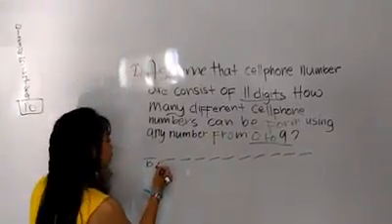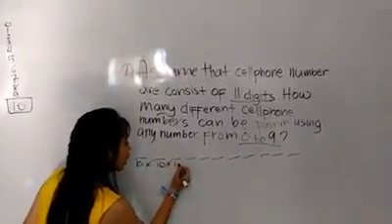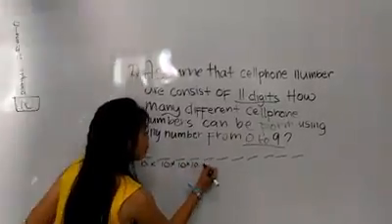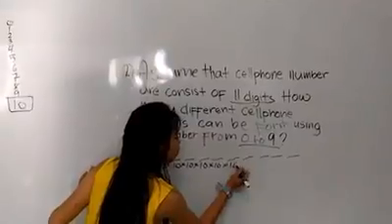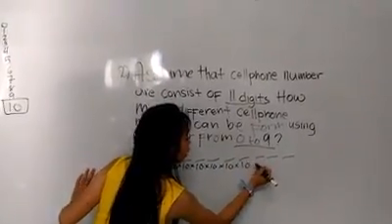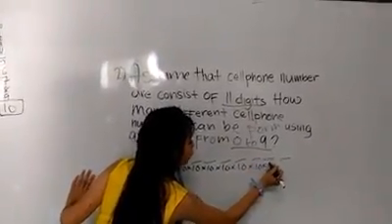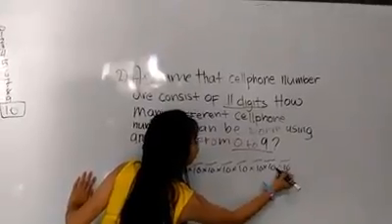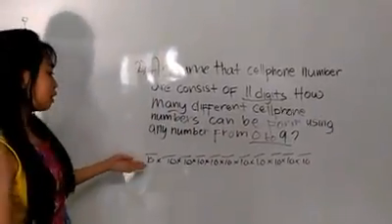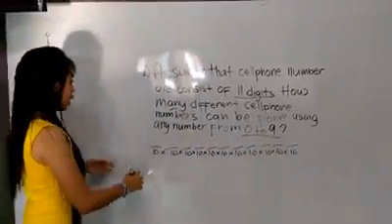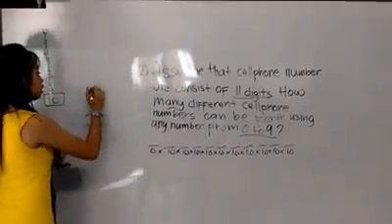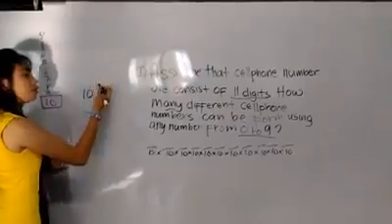10 times 10 times 10 times 10 times 10 times 10 times 10 times 10 times 10 times 10 times 10, or simply 10 to the exponent of 11.